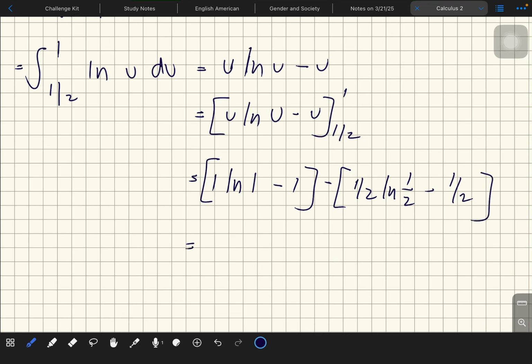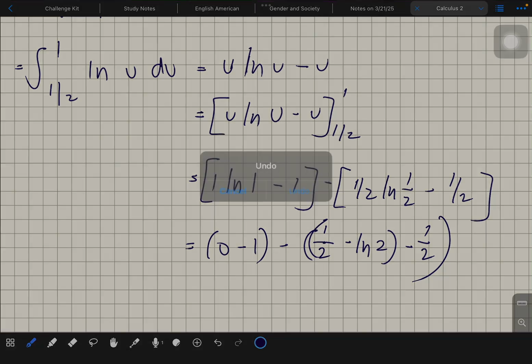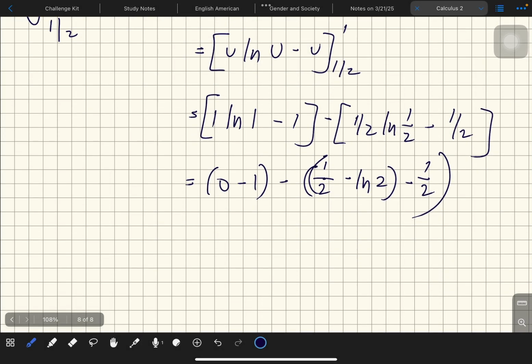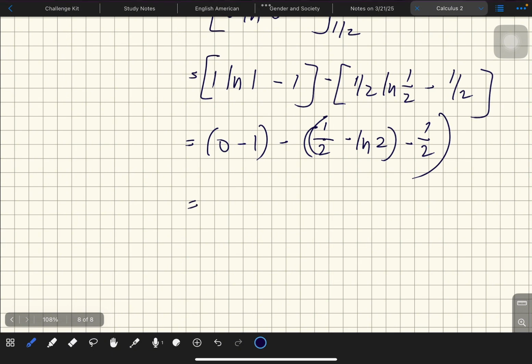So here we have 0 minus 1, minus, 1/2 times negative ln 2 minus 1/2.